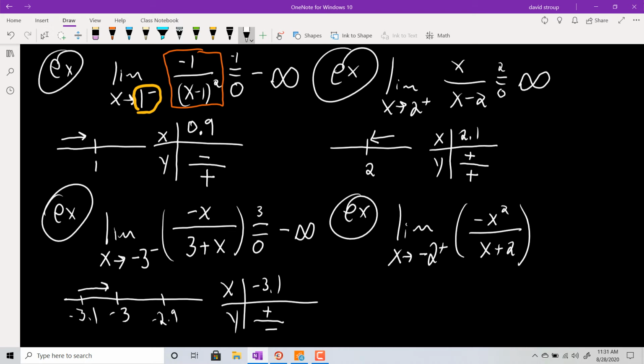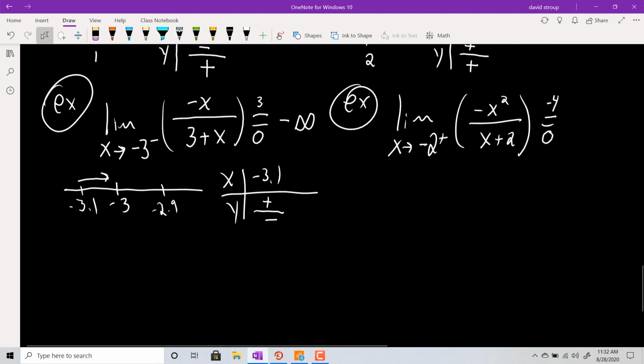Okay, so let's make sure it's one of these forms. If you plug in negative 2, it's a negative times negative 2 squared, which should be a negative 4. Downstairs, I have negative 2 plus 2, which will be 0. So yeah, it's one of these forms.